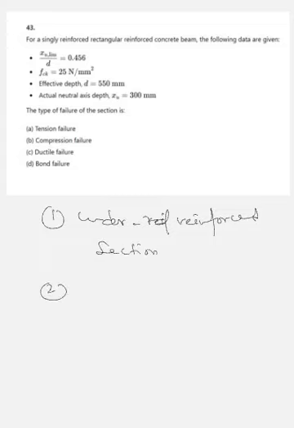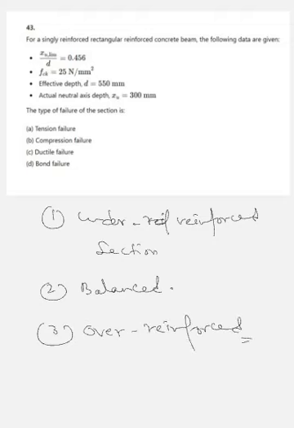First is the under reinforced section, second is the balanced section, and third is the over reinforced section. Okay, and everything depends on the comparison between the actual neutral axis depth, that is XU, and the limiting neutral axis depth, that is XU limit.